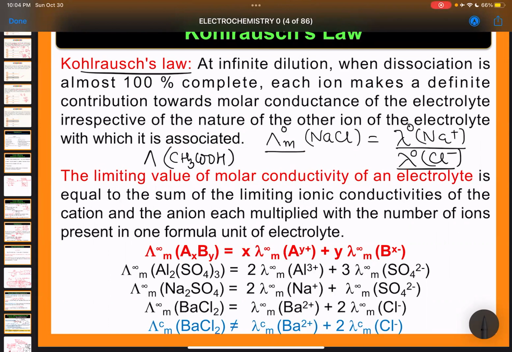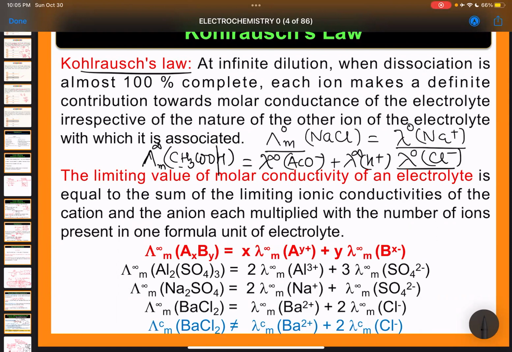which was a weak electrolyte, you don't have to worry, because you know that acetic acid is going to break into acetate ion and H plus ion. For a compound you write the capital lambda, for an ion you write small lambda. It is the molar conductance of acetate ion plus the molar conductance of H plus ion. That is only at infinite dilution. Okay.